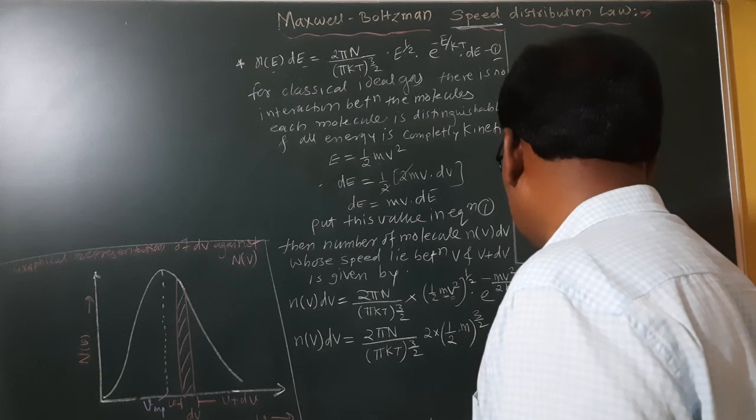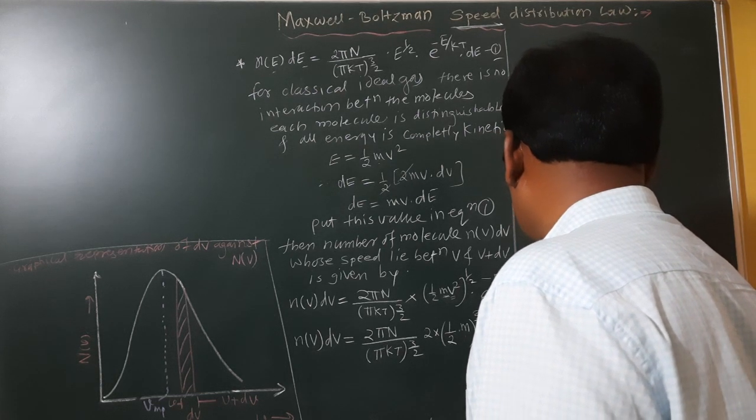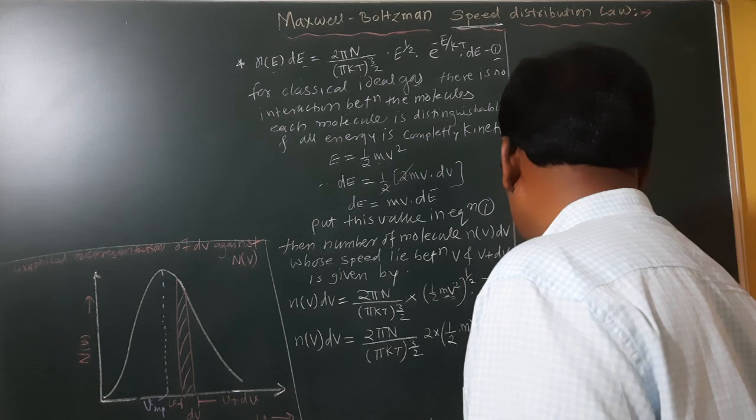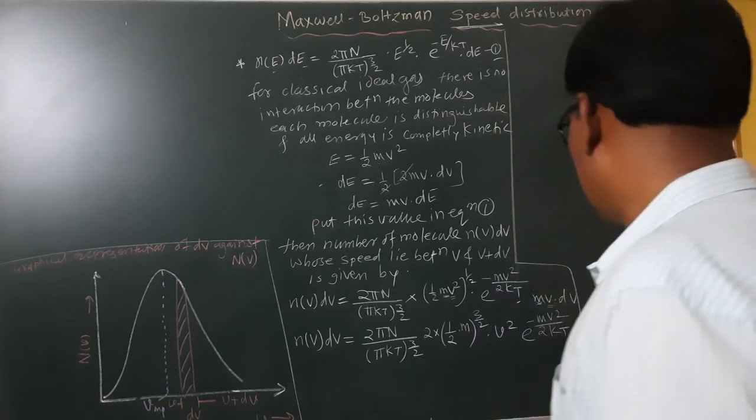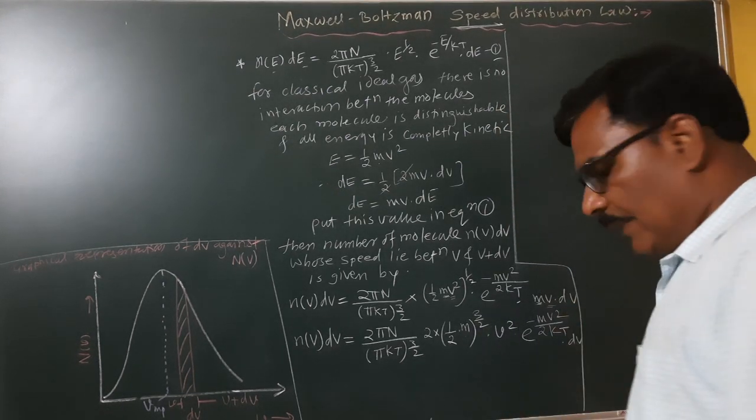Finally this can be written as e raised to minus mv²/2kT into dv.